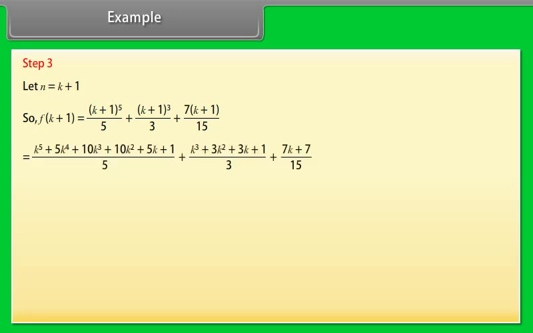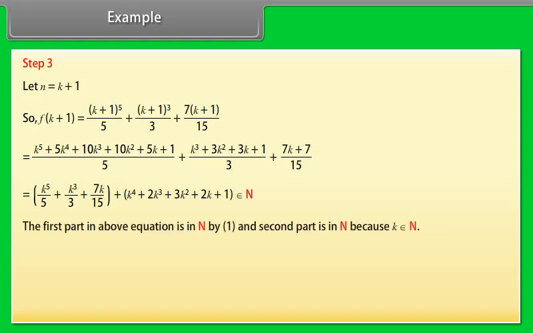Now by calculating it, we get f of k plus 1 is equal to k raised to power 5 by 5 plus k raised to power 3 by 3 plus 7k by 15 plus k raised to power 4 plus 2 into k raised to power 3 plus 3 into k raised to power 2 plus 2k plus 1, which belongs to N. The first part in the above equation is in N by 1 and the second part is in N because k belongs to N. So, the result is true for n is equal to k plus 1.